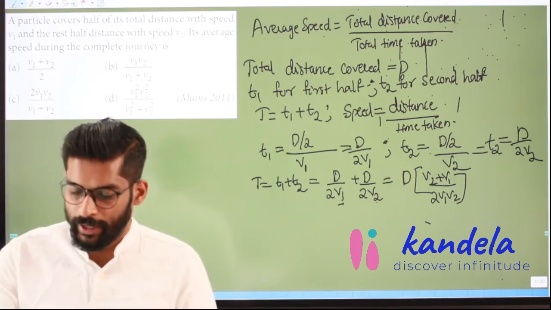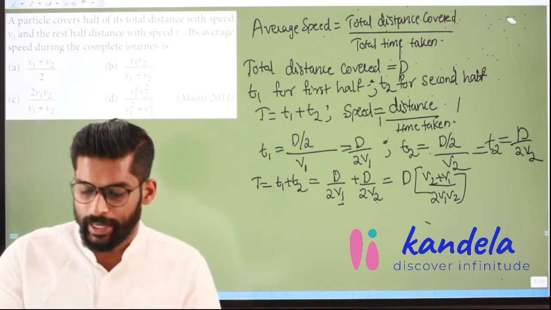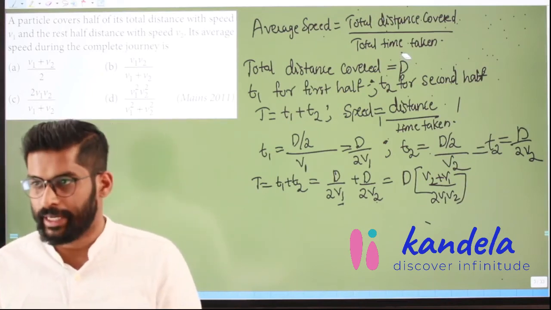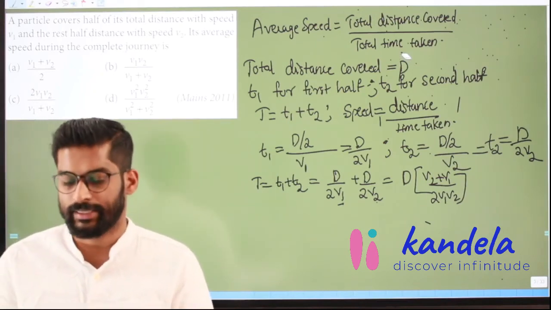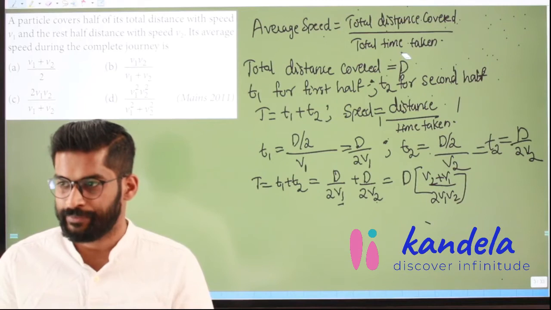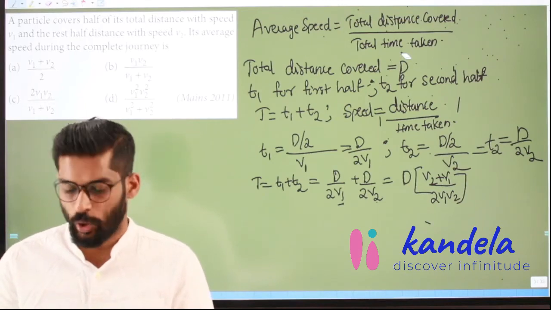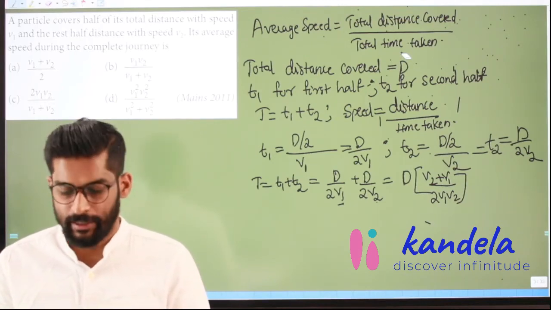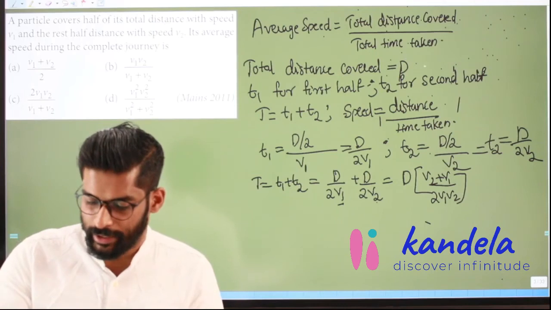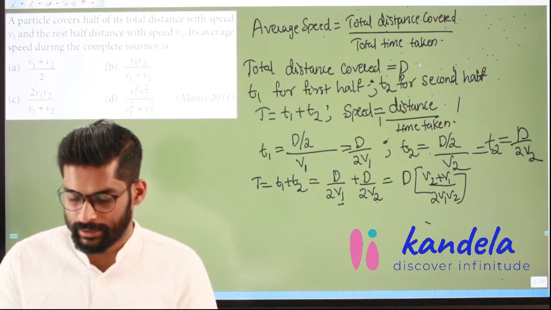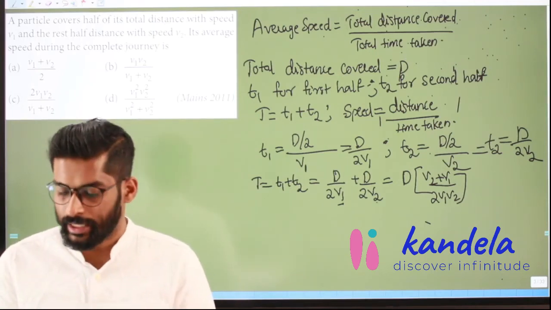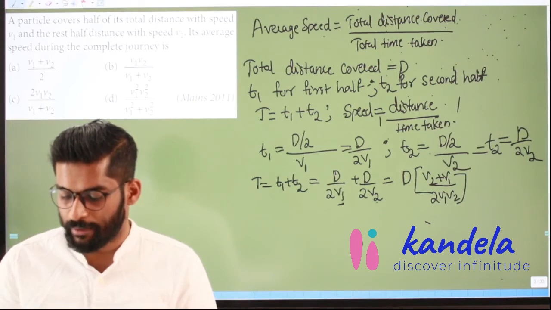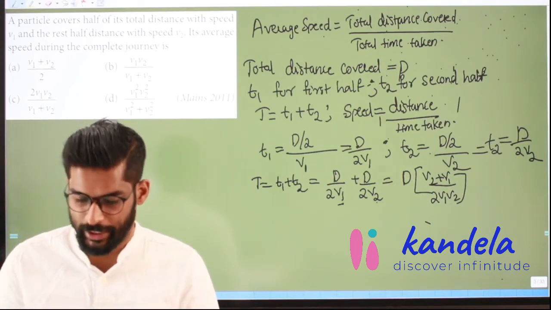Now if I look at my initial definition of average speed, which is the total distance covered divided by the total time taken, I have everything to solve this problem. So I substitute the total distance covered d and the total time taken, d into (v2 plus v1) by 2v1v2, into the first equation.